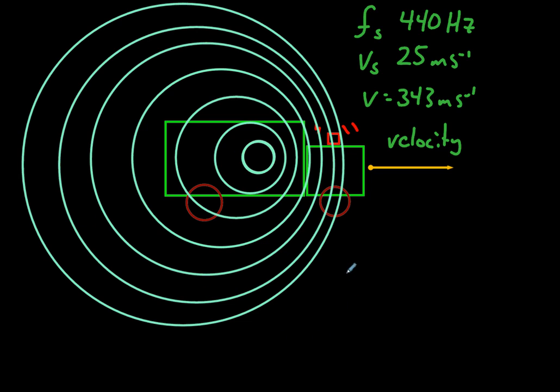The first thing we've got to do is figure out the period of these waves. The frequency means we get 440 waves per second. Well, how many seconds then is each wave? How many seconds between each emitted wave? It's just the inverse of that.